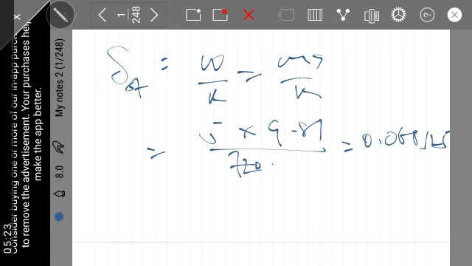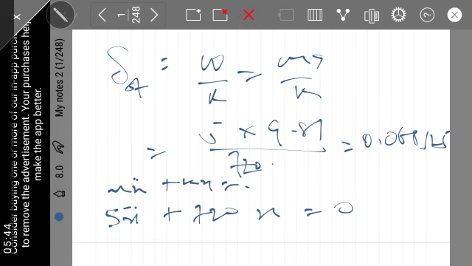Now, we can write the differential equation of the spring in this form: m x double dot plus 720 x is equal to 0, from m x double dot plus kx equal to 0. So we have written the equation of the spring.